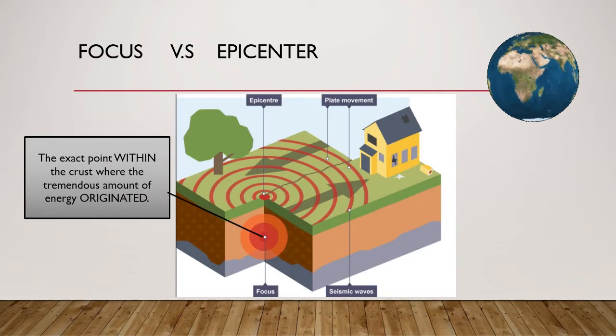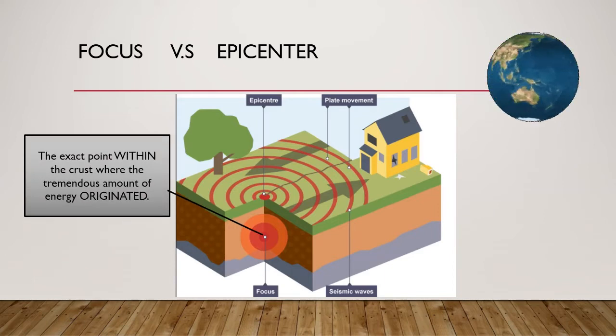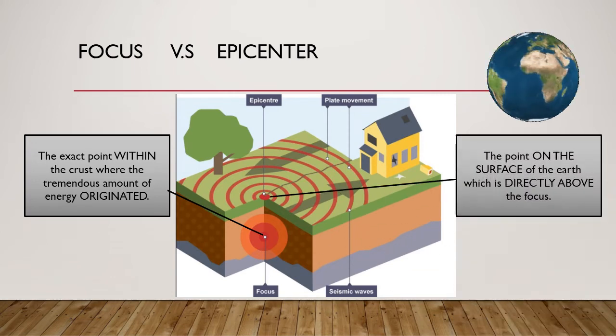When you say focus, it is the exact point within the crust where the tremendous amount of energy originated, or where the earthquake originates. And on the other hand, when you say epicenter, it is the point on the surface of the earth which is directly above the focus.